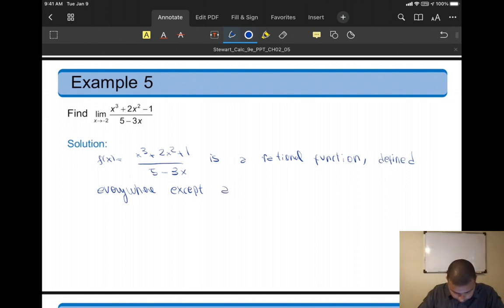So 5 minus 3x, whenever this equals 0, that's telling me 5 equals 3x, 5/3 equals x. So the only place where f is discontinuous, not possibly, for sure it's discontinuous, because it's undefined there, is x equals 5/3. But that's not what I'm being asked about.